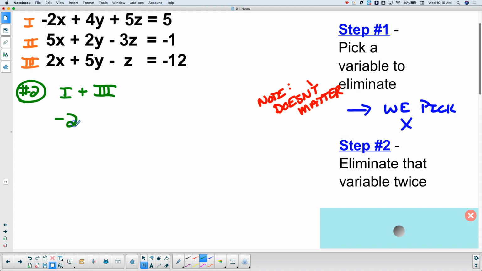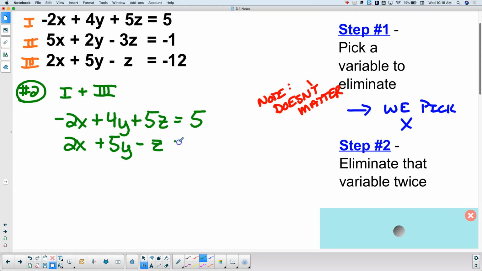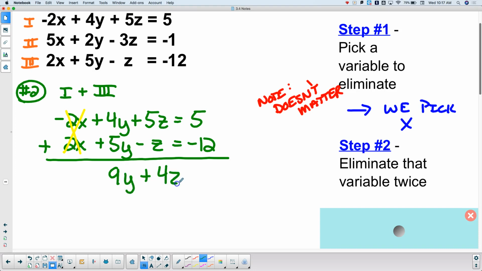So that's negative 2x plus 4y plus 5z equals 5, and positive 2x plus 5y minus z equals negative 12. I'm going to add those two together, and that's going to eliminate my x and leave me with 9y plus 4z equals negative 7.